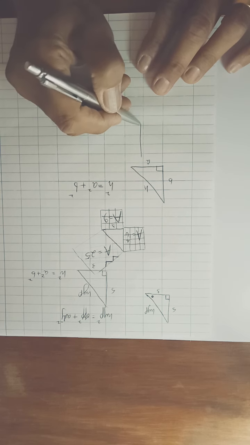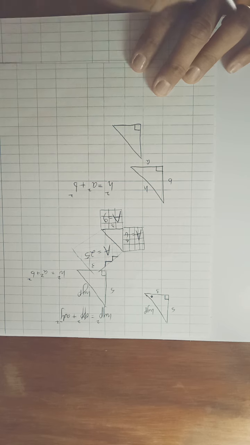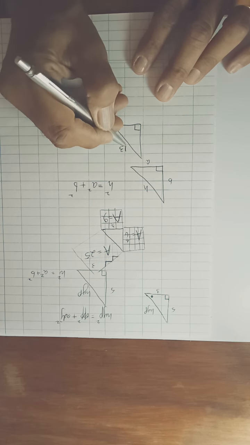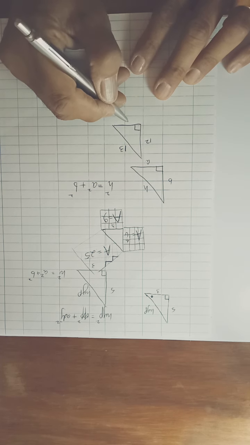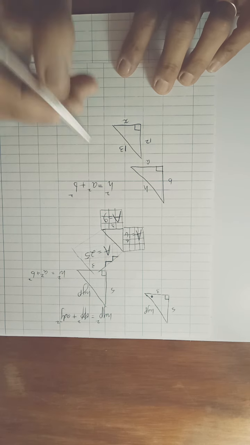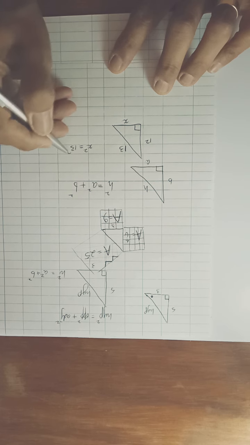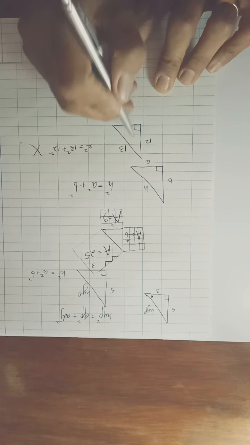So let's look at an example, what I mean by the common mistake. So you're given this as 13, and you're given this as 12, and you're asked to find x. Now, many students will say, oh yes, I know Pythagoras' theorem, x squared is 13 squared plus 12 squared, which of course is wrong.